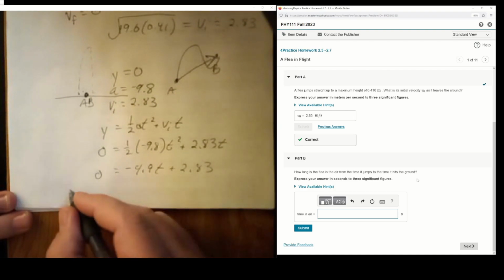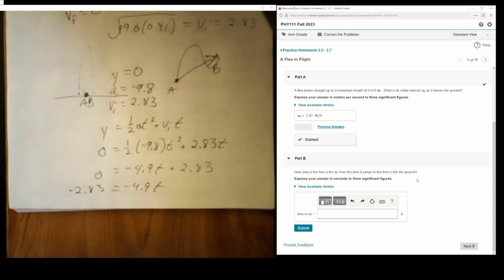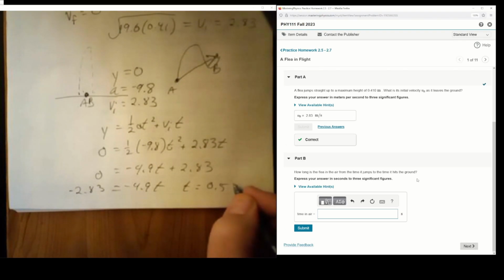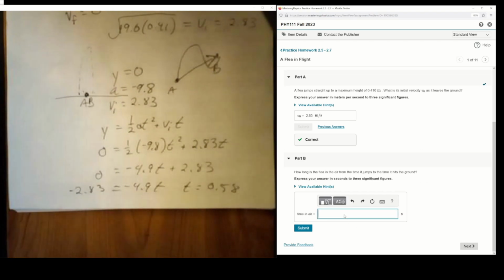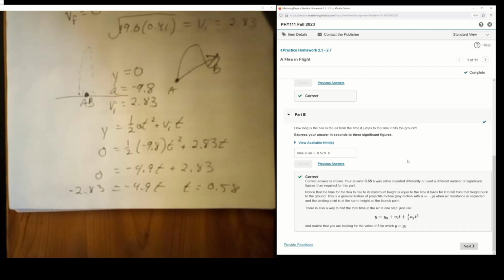And put this over here. And divide both sides by minus 4.9. 0.58 total time in the air. So jumped straight up, came down, landed on the ground, total time in the air.